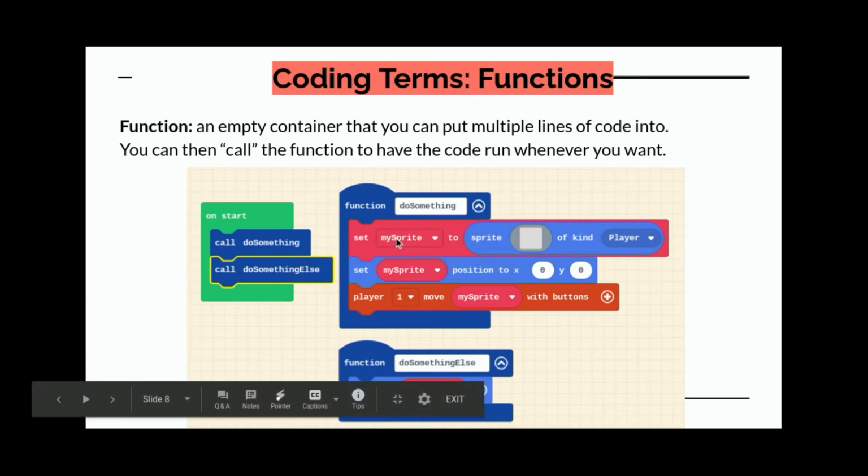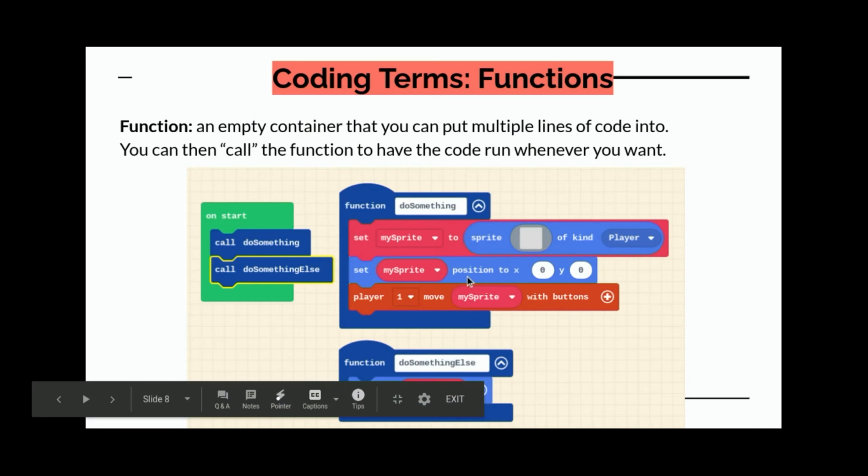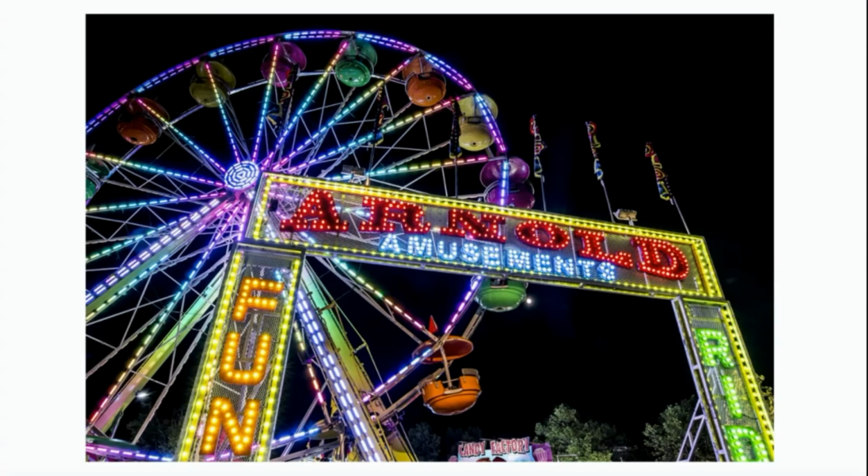If instead of having to put all this code in here over and over, if I want this to happen, say 10 times, I could just copy this call do something part and paste it 10 times and it would run this 10 times for me. Or I could put this one in a repeat block and it would run 10 times for me. So that's all they are. Functions are just empty containers. You give them a name, and when you want them to run, you call them. That's it. You call out the name of the container, and it runs all the code inside of it. All right, let's take another brain break.